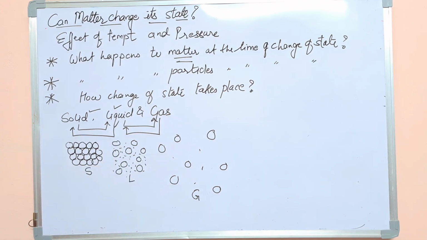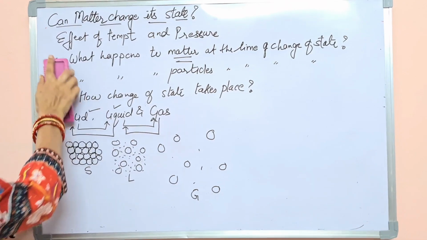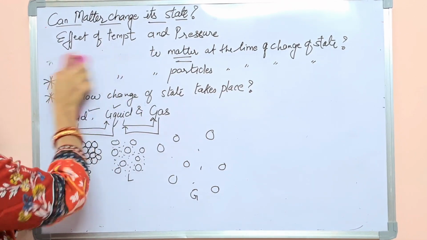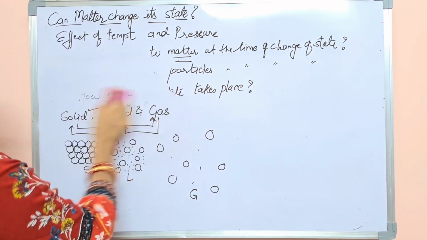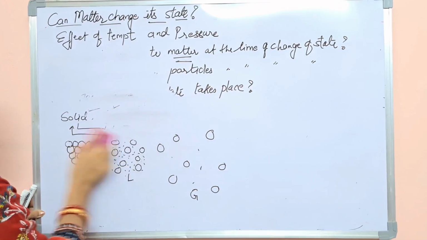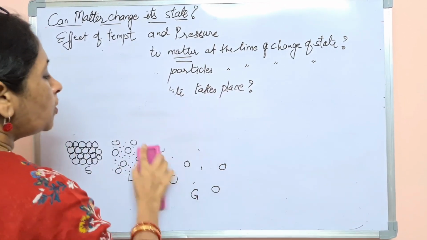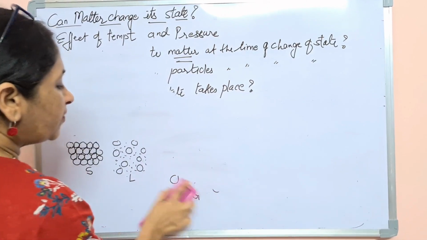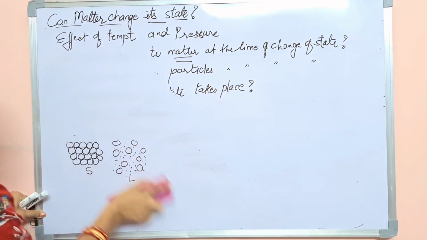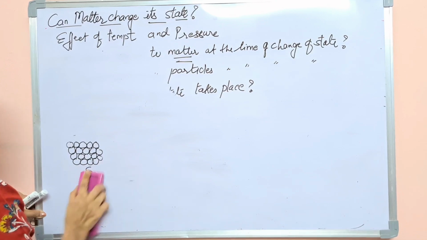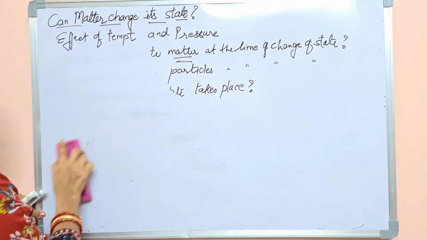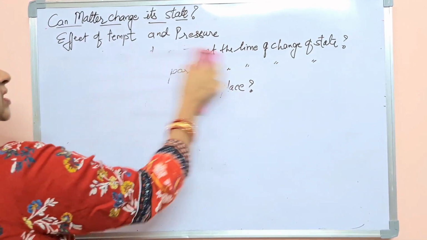So what happens actually to the particles at the time of the change of state? So see, what happens actually when we are changing from solid to liquid? Okay, we are changing the state of the matter. But we are changing from which state to which state?